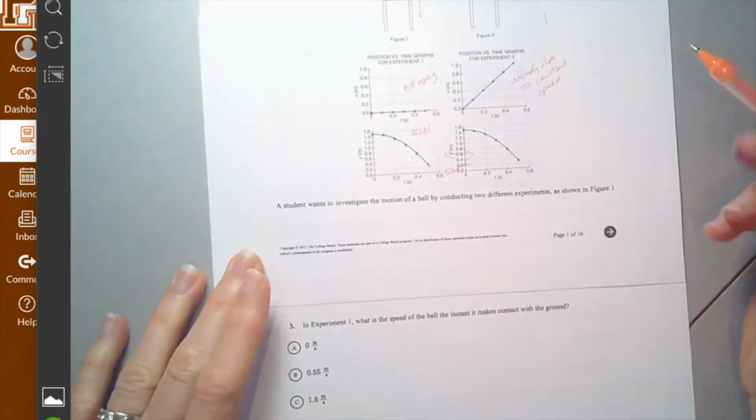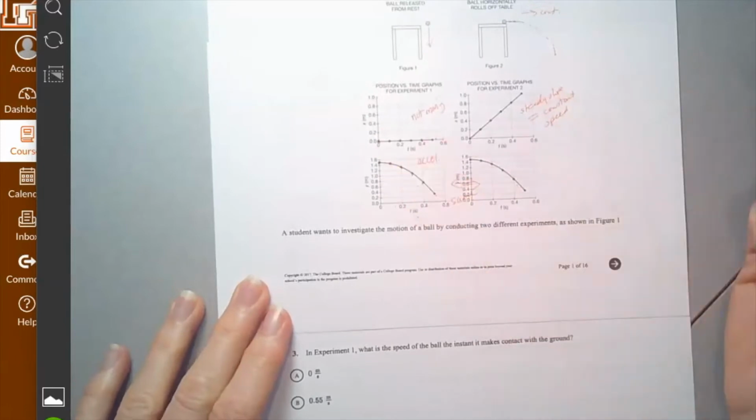There's a bunch of ways you can do this. The best way is to pull stuff off this graph. If you know that the change in y when it gets to the ground is going to be 0 minus 1.5, which is negative 1.5 meters.